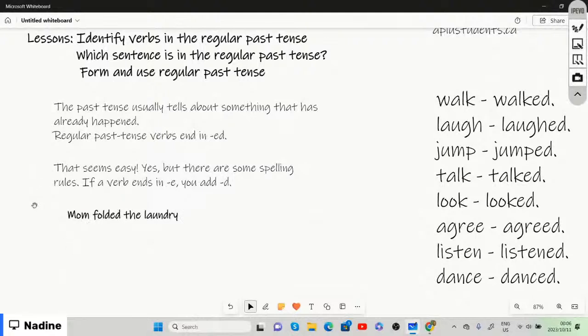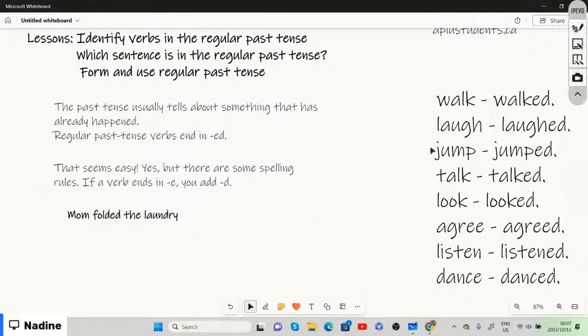What is something that had happened already? Because it basically shows the past tense. So in this case, we can say that mom folded the laundry, right? And as you can see, it also ends in ed. So that is but one example that we are going to make for now.